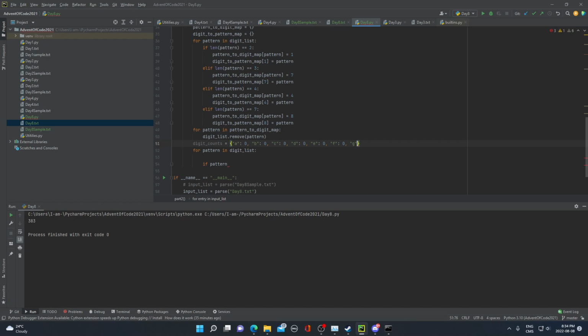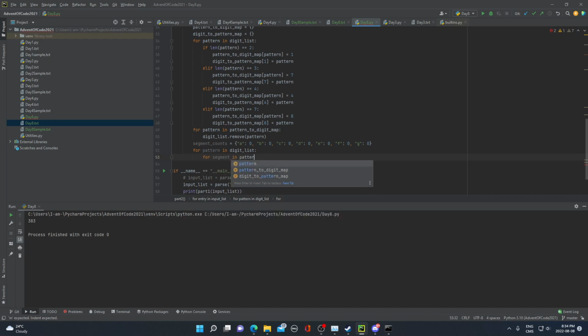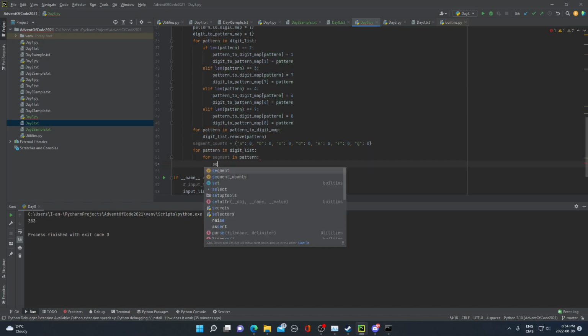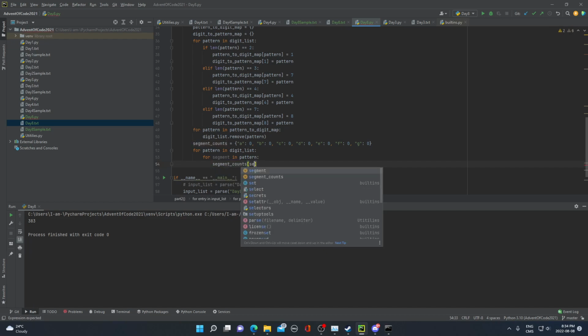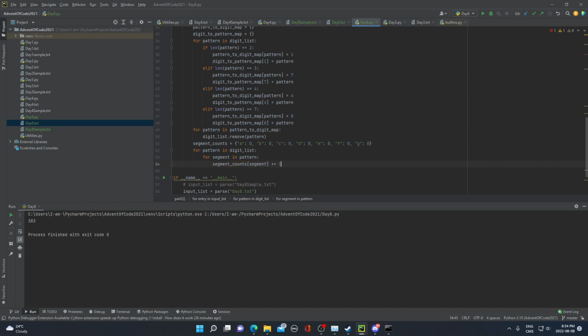And G is 0. So go through each pattern, and then we go through each segment in pattern. Counts, segment plus equals 1. Very easy.